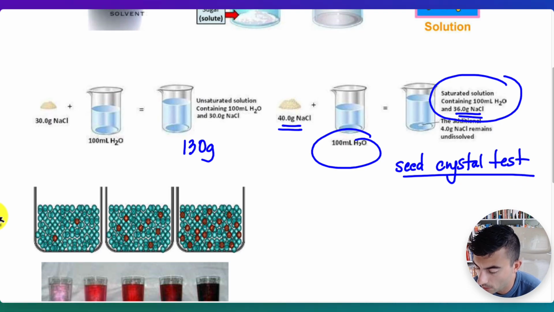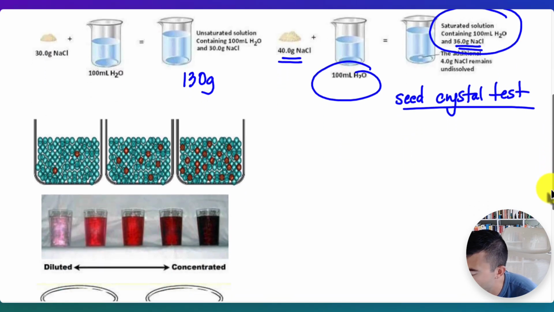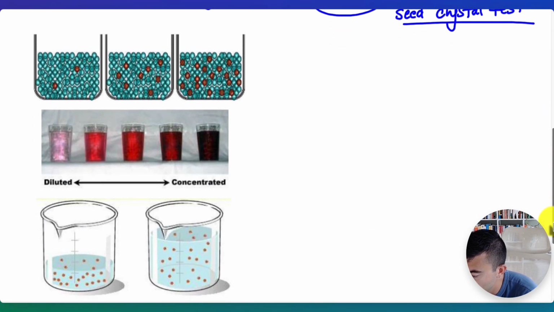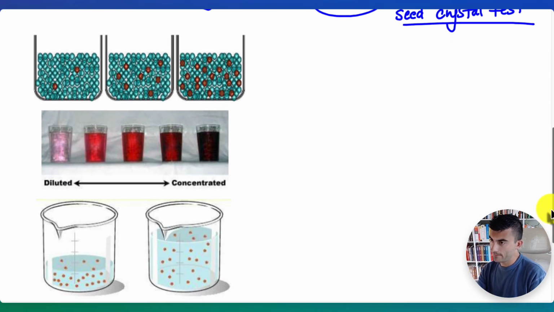Concentration was a way for us to quantify how much solute relative to solvent we have in a solution. So concentration describes how much solute is dissolved in a solution.